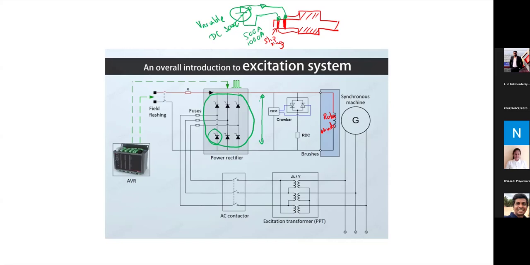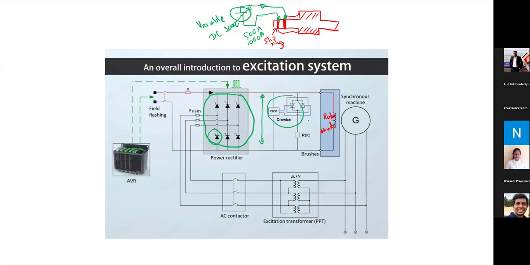And the variable power is being provided via a crowbar, to basically protect the rectifier and the excitation circuit in the event of a fault.